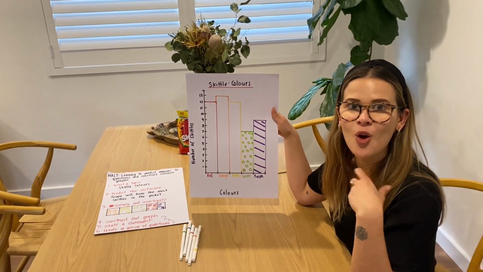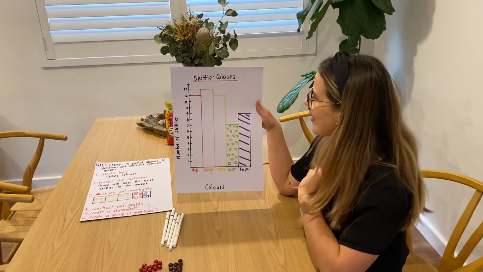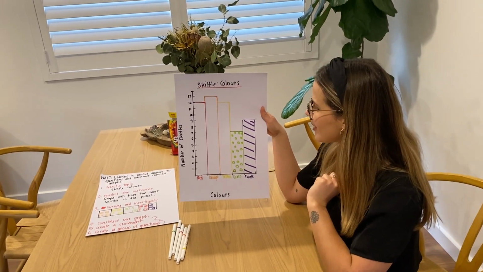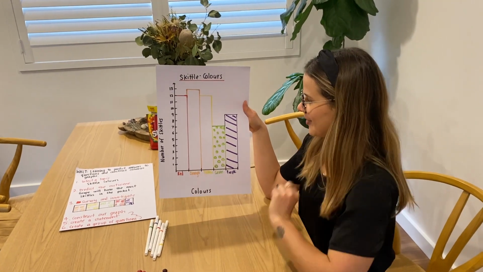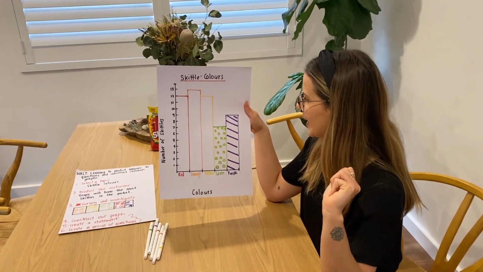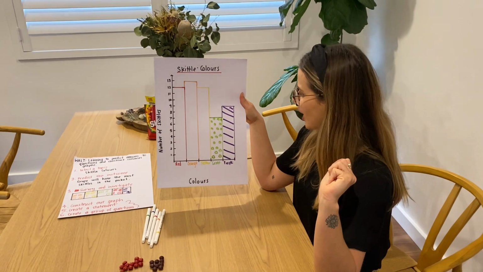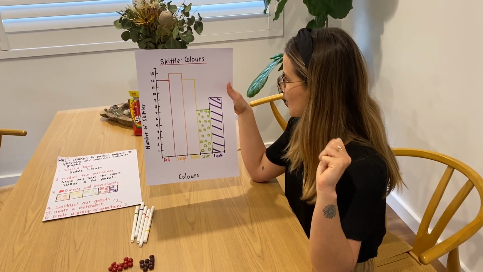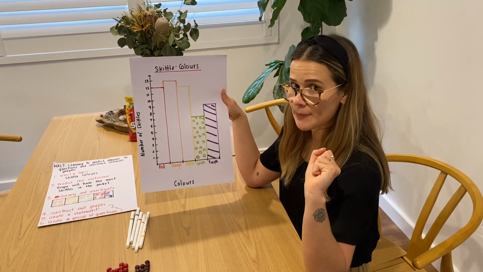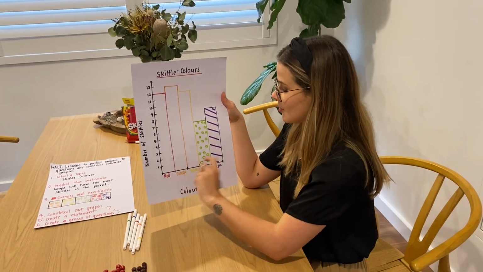Have a think about that. What two colours had the same amount of Skittles in the packet? Hopefully you answered red and yellow. Another question might be, what colour Skittle was the most popular in the packet? Which we know is orange.